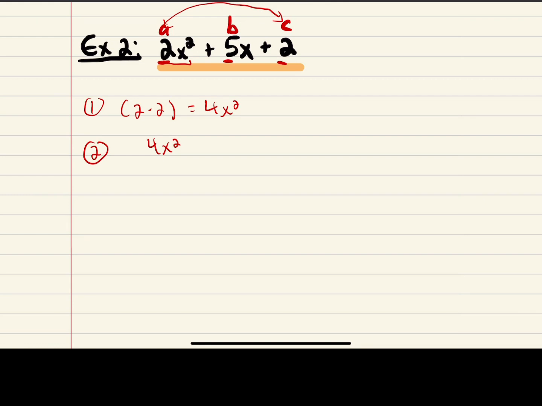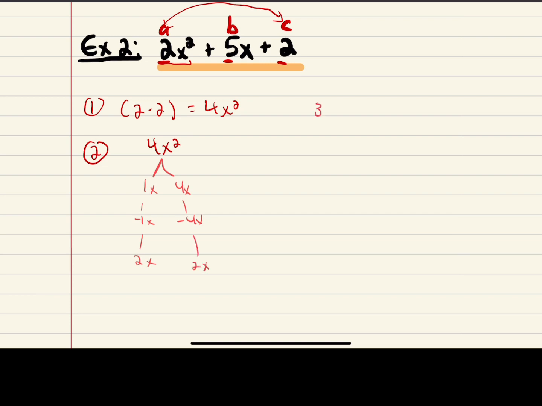The next thing we're going to do is list all the factors of the product A times C, or in this case it's 4x squared. So we have 1x times 4x. We have negative 1x times negative 4x. And then we have 2x and 2x.